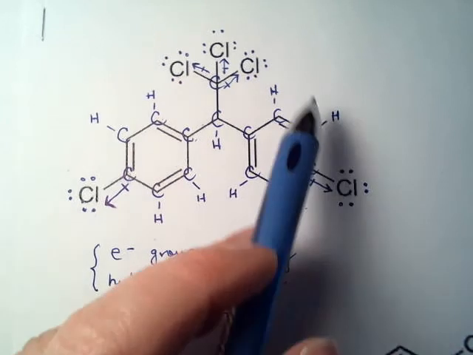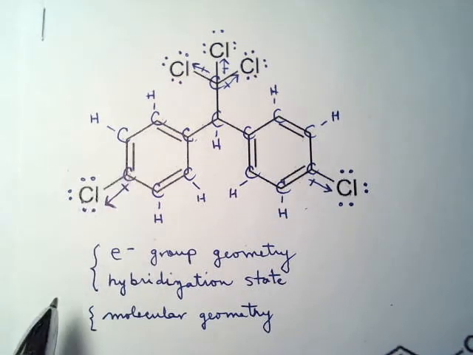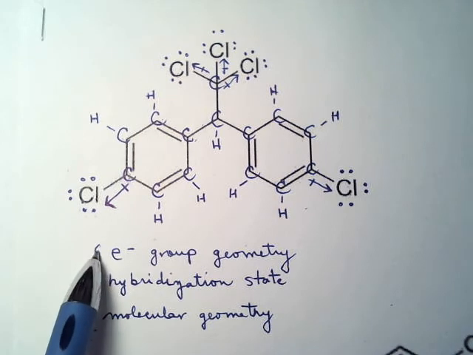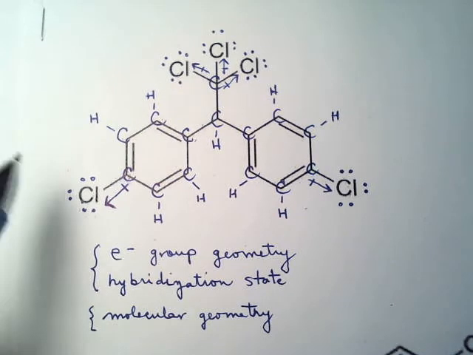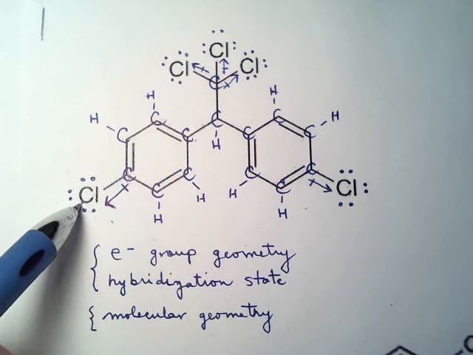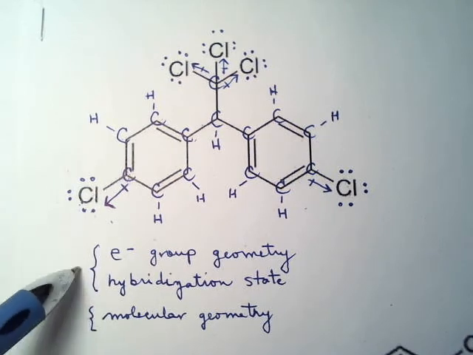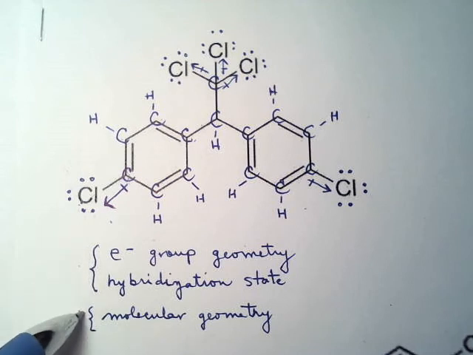What we did once we drew this all in and readied ourselves for just a clear inspection of the questions was to answer what is the electron group geometry and the hybridization state at the same time, because they're based on the same criteria. So we don't consider these atoms because they're not in the middle of an angle, so they're not central. But all of the central atoms can be addressed by these 2 questions.